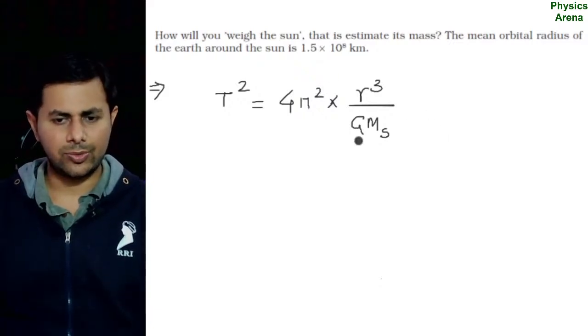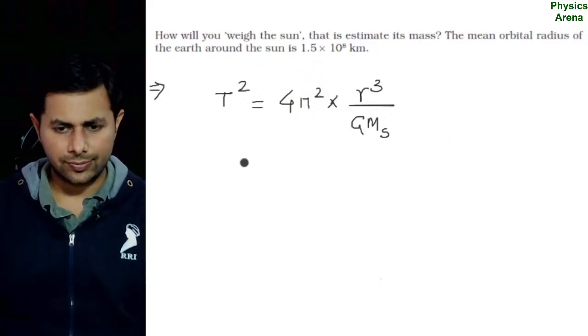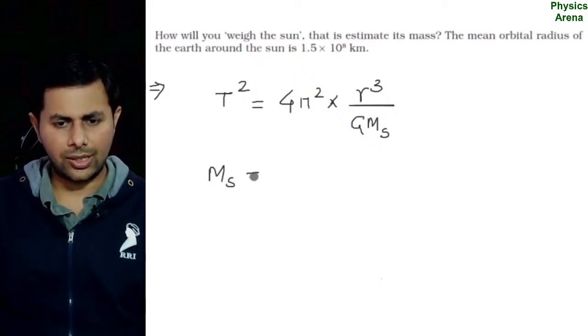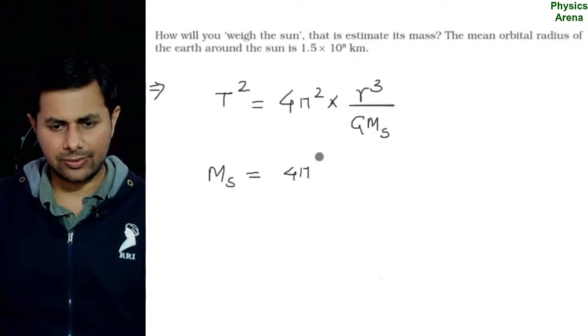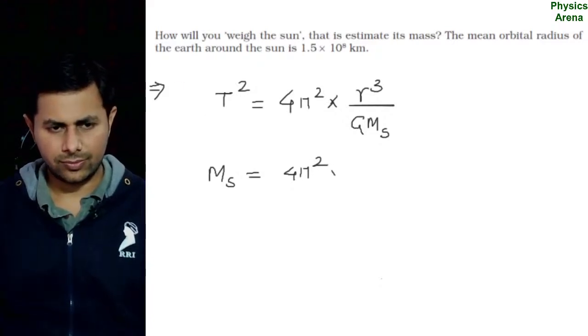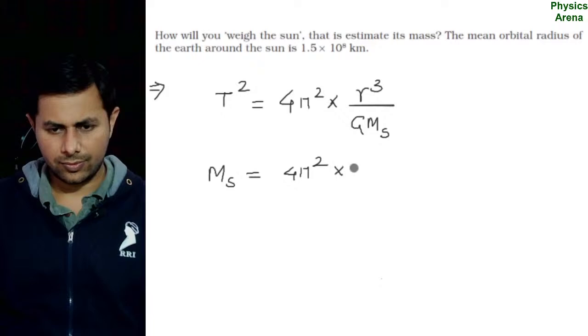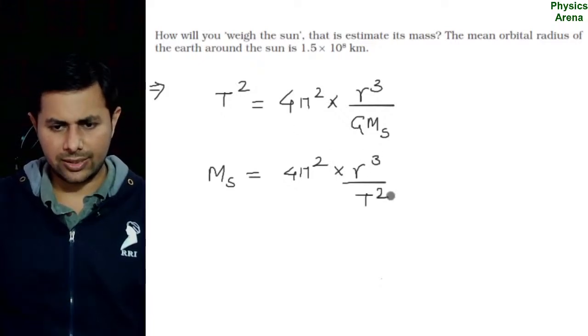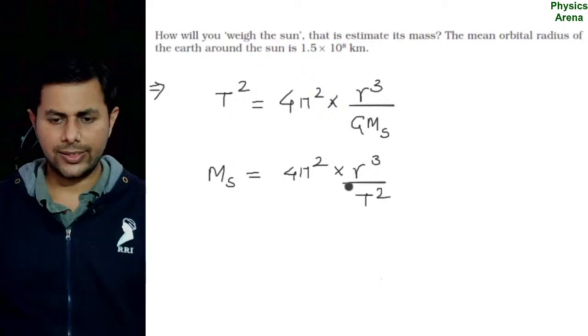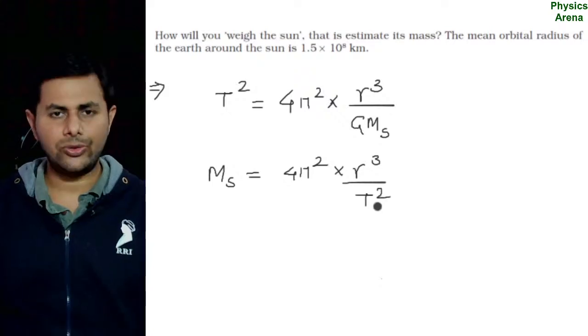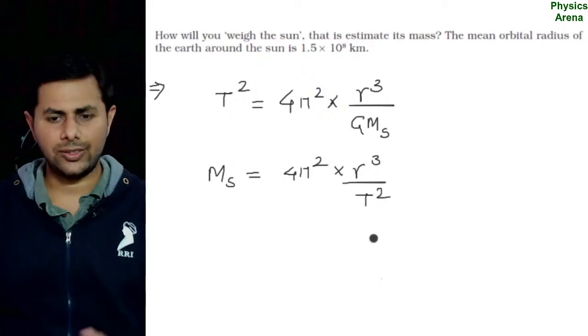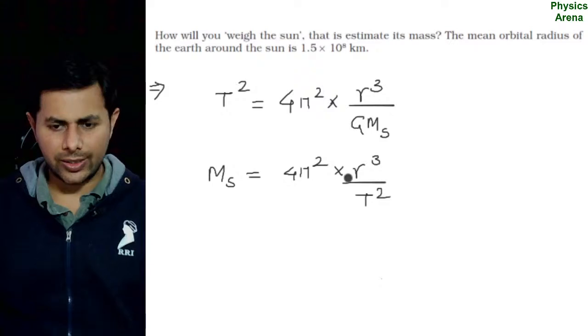So now if we substitute values, we will take the mass of Sun on the left hand side, so it is 4 pi squared into r cube over G T squared. But we can't put T equals 365 days. We have to convert that into seconds.